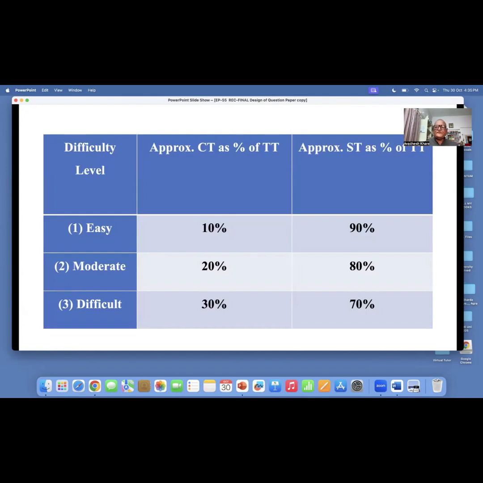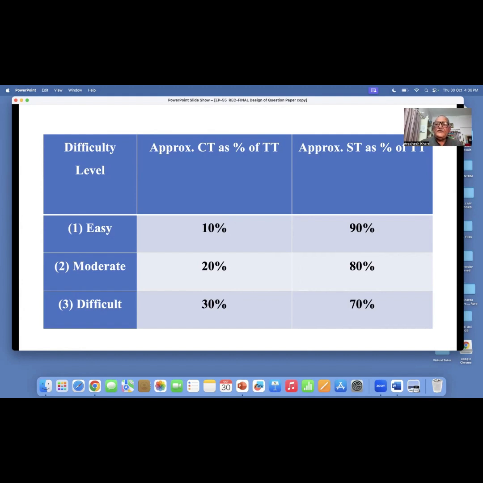Now, I have tried to categorize the CT and ST in easy, moderate, and difficult questions. It is generally accepted that the student has to devote 10% of the time in an easy question to conceptualize, 20% in moderate, and 30% in difficult questions.